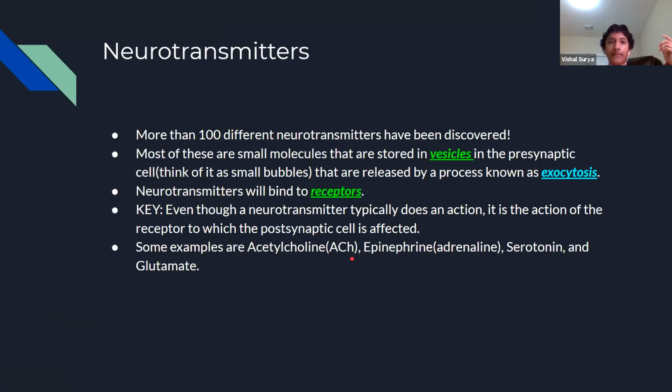Acetylcholine is a neurotransmitter that causes, let's say, your muscles to move. And epinephrine, or adrenaline, as you probably know, causes the fight or flight response. Another thing is that proteins that act as neurotransmitters form a different subset called neuromodulators, which we will get into in the next slide.